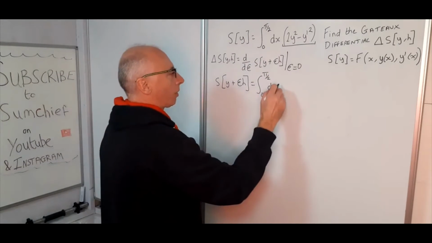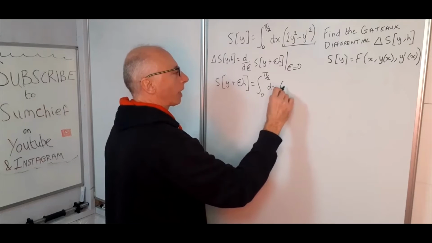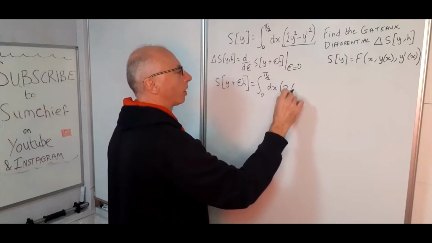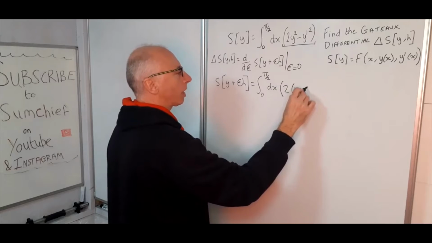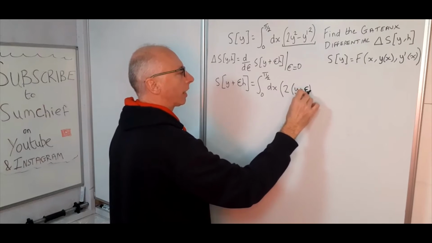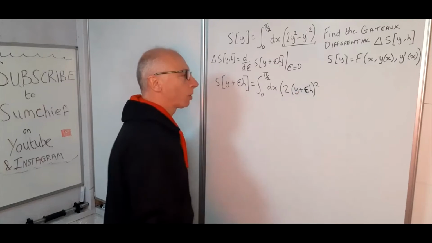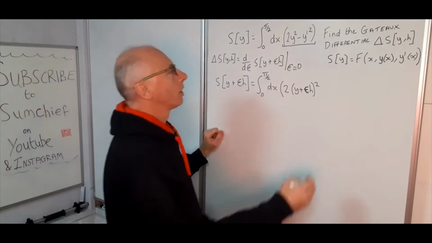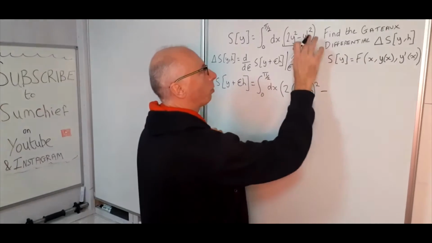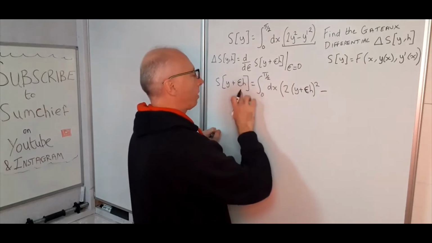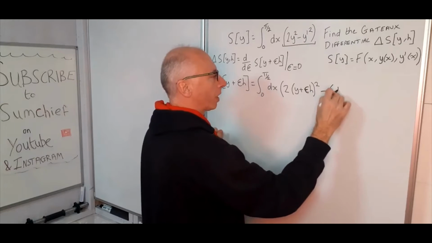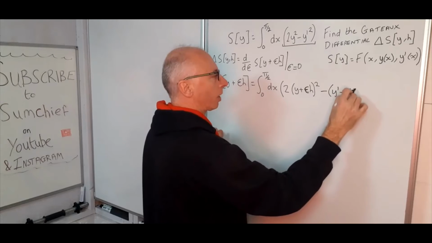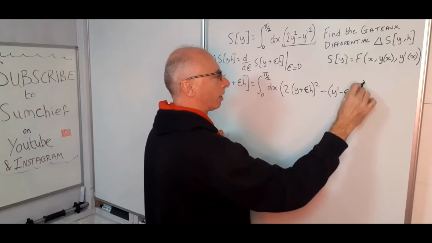Okay, so let's first of all go into that. So keep the bracket there. So we've got 2 times y plus epsilon h, and then that will all be squared. So that fits the conditions here. And now we're going to subtract y prime squared. So now we'll have y prime minus epsilon h prime squared.